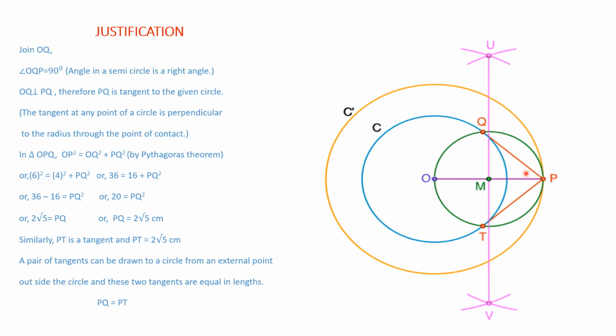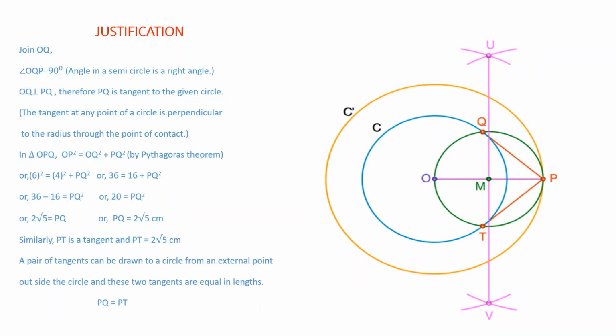Now see, P is the point on the concentric circle C dash with center O. P is a point on circle C dash, and PQ and PT are tangents drawn from this point P to the circle C of radius 4 cm. Now we have to see how PQ and PT are tangents.